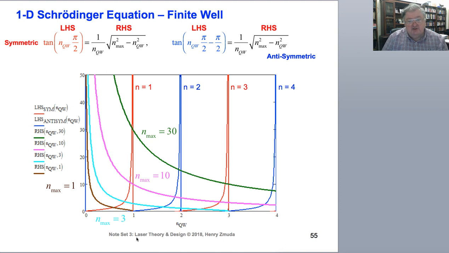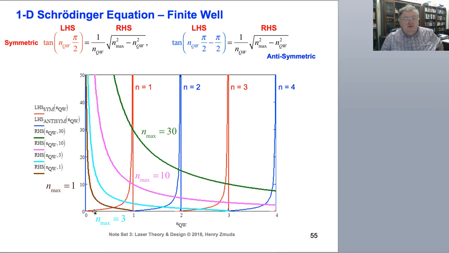And you see that in each case. For n max equal to 1, sure enough, this curve stops at n quantum well equal 1. For n max equals 3, again, the curve stops here at n quantum well equals 3. That's the biggest it could be.